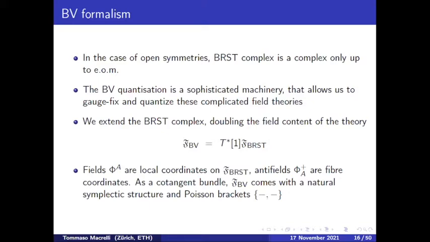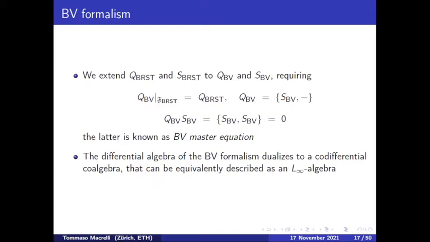And the structure that we obtain is a cotangent bundle that comes with a natural symplectic structure. And so we can define Poisson brackets. And we use these Poisson brackets to define new objects that generalize the old BRST ones.